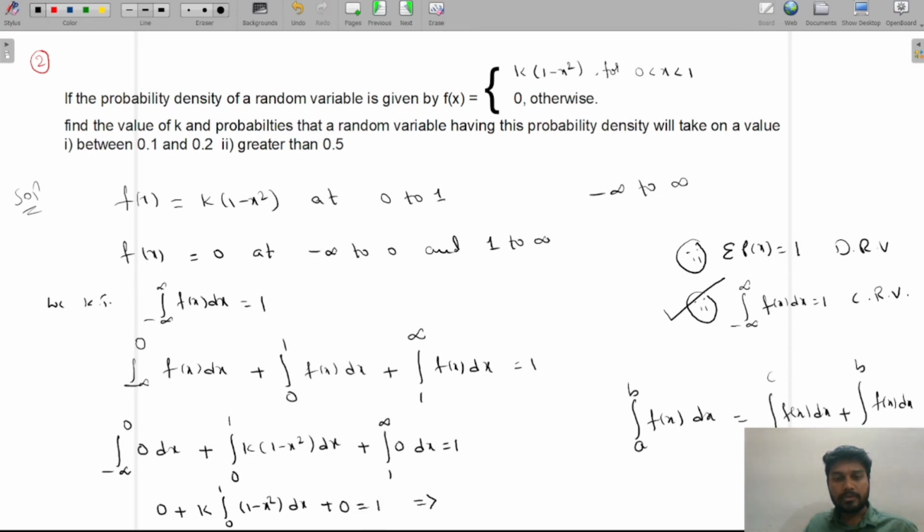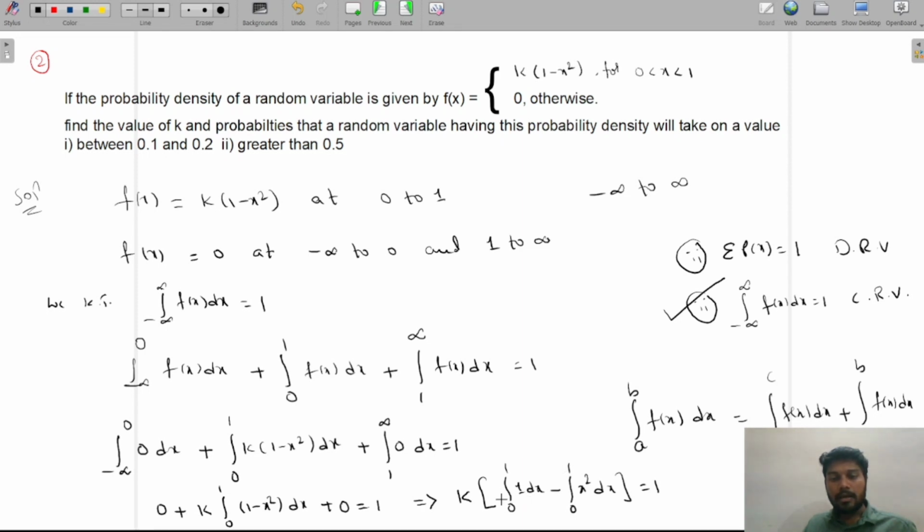So which implies, how am I going to solve this? Let's see. So k of, I'm taking this integration inside of both the terms. Okay, so I can write it as integration 0 to 1 1 dx plus minus integration 0 to 1 x square dx, it is equal to 1. Is it correct, everyone? Right.